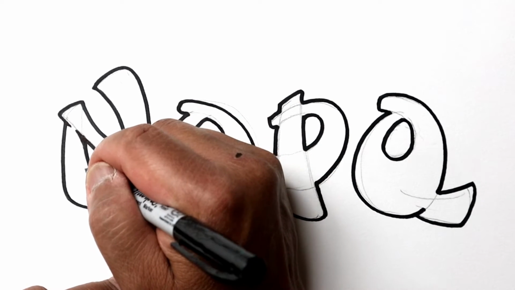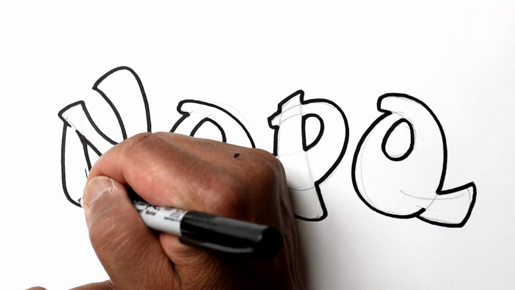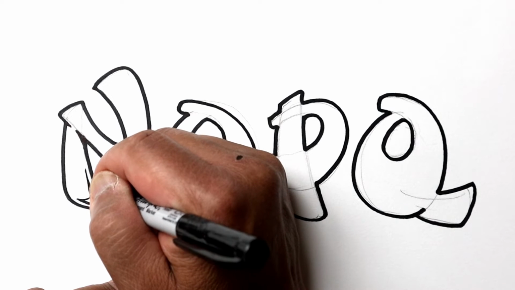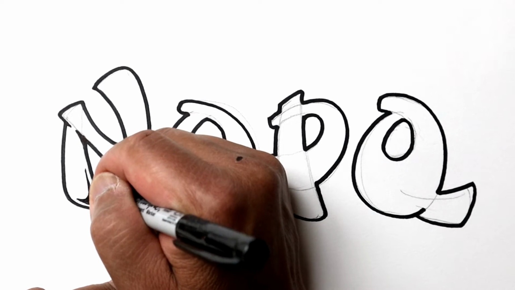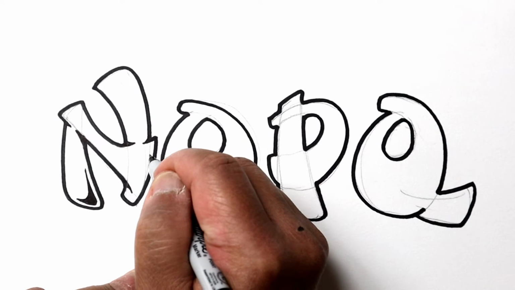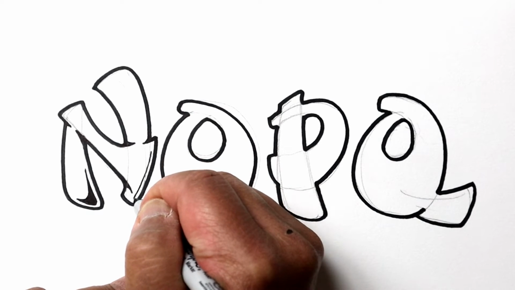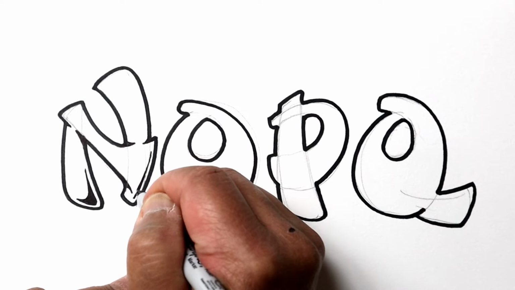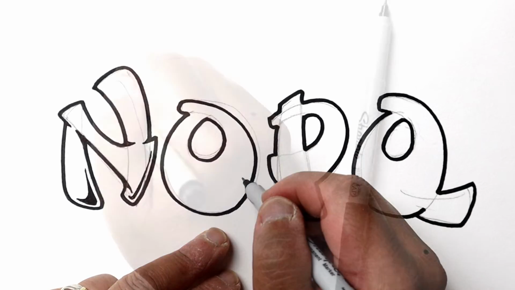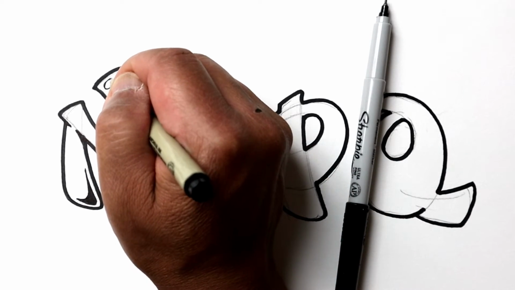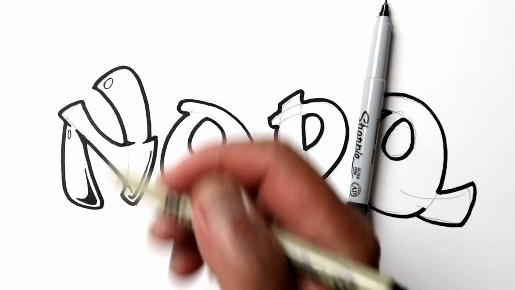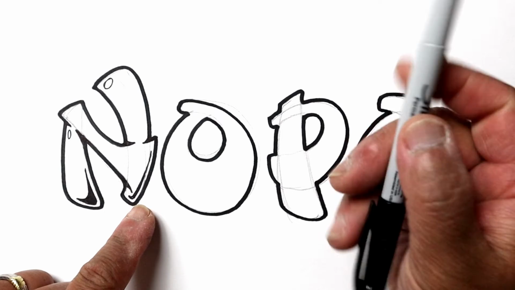Let's go ahead and draw our shadow, our form shadow, which is pretty stylized, and maybe I'll just draw a skinny one here. Okay, and let's draw a little highlight here at the upper left of this vertical stroke, and that's it for our N.